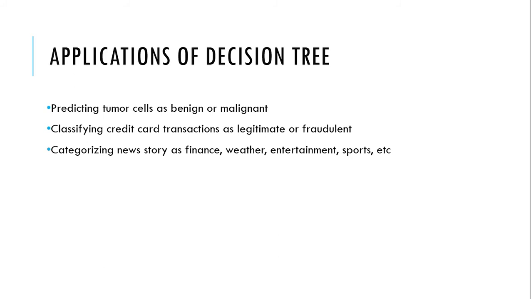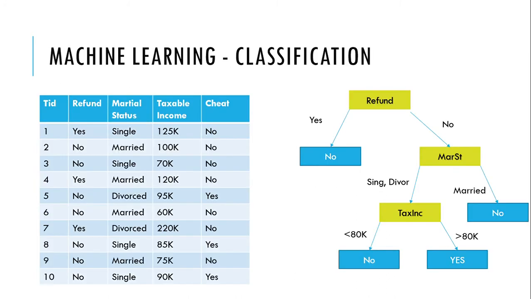Okay, now let us try to understand what a decision tree is, and how we can understand what is going on from the decision tree. On the right side you can see the decision tree, right? On the top we have the refund attribute. Whenever refund equals yes, then we can say that the person is not cheating. You can see that this tree has been built from this data, right? In this data you can see the refund attribute.